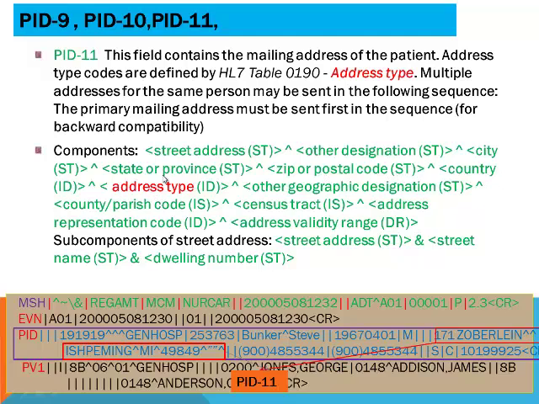Also we have some address type here, or other geographic designation, and country code, county code, and the census tract, and so on. In fact, the street address also has some subcomponents such as street name, the building number, or something.